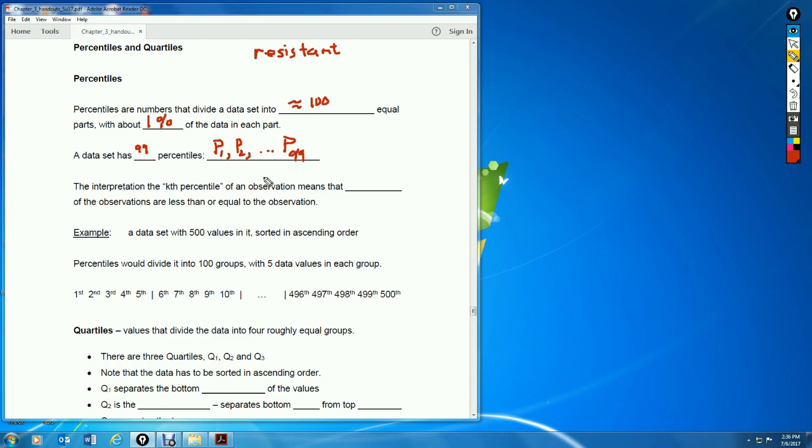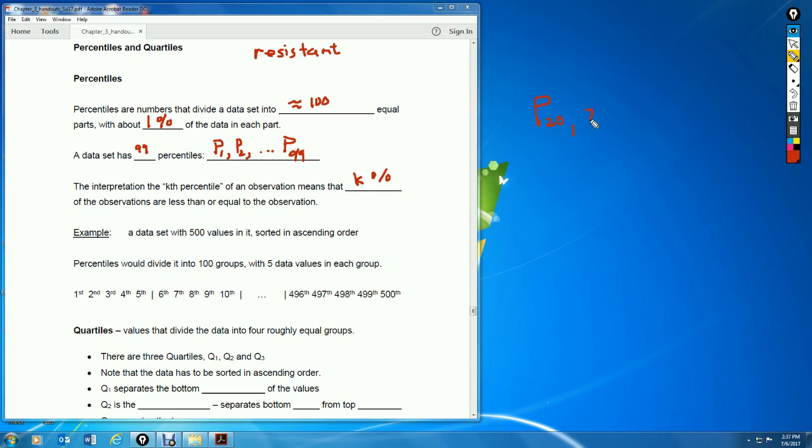So we would call it the kth percentile. The interpretation of that, the kth percentile, means that k percent of the data values, the observations, are less than or equal to the observation. So for example, if you're talking about the 20th percentile, we would write it like this, P sub 20.